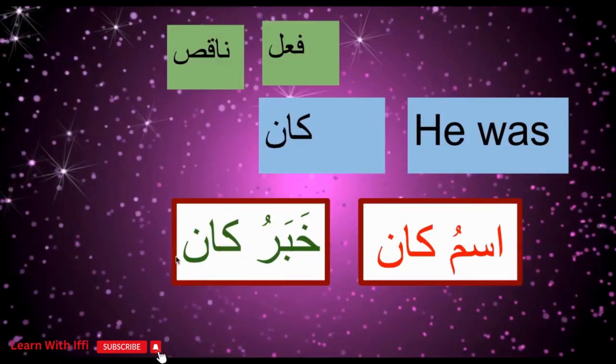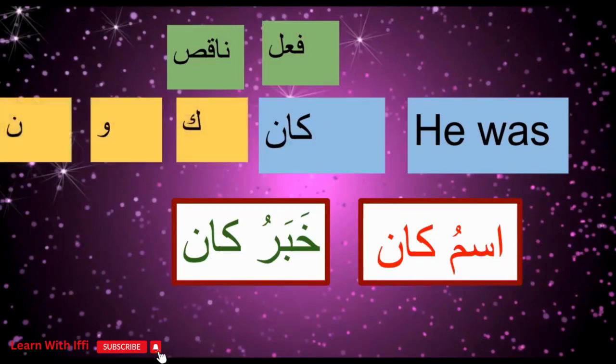Here again we need to understand the root letters of this verb kana. This alif maksura and alif mad are not actual letters, but just a sound which helps us to pronounce the word. So what is the root word here? It is kaf, waw, nun. The original letter waw has been changed into this alif mad, which becomes kana.